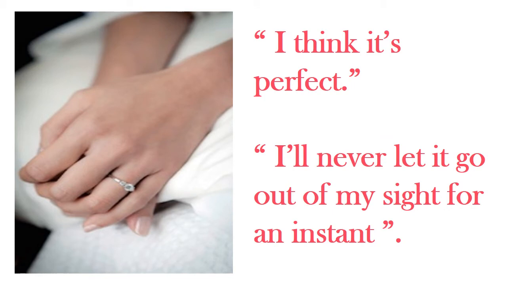"I think it's perfect. I'll never let it go out of my sight for an instant." Whose words are these? Yes, that is Sheila Birling. As a girl being engaged, she is really happy. That's why she utters words like this.